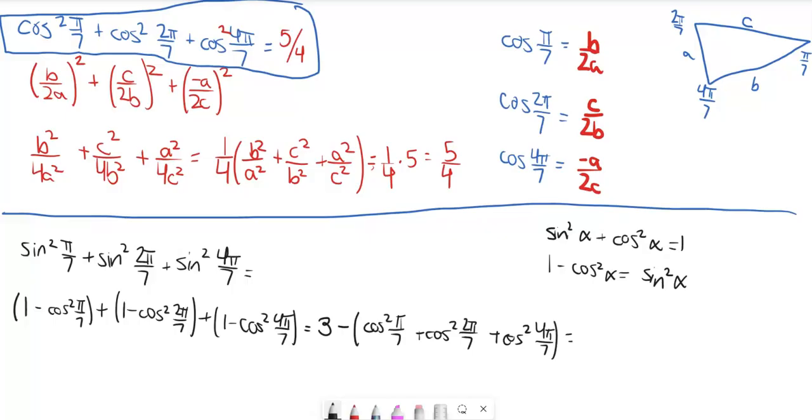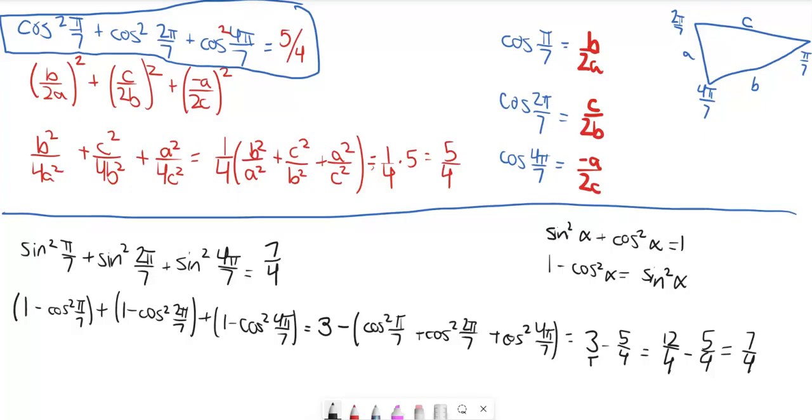And what we get is 3 minus 5 over 4, because 5 over 4 is what we got in the last problem. We can write this as 3 over 1. Well, I'm not going to show that, but 3 times 4 is 12, 5 times 1 is 5, so we'll get 12 over 4. Actually, I am going to show it. Minus 5 over 4. And that's going to get us 7 over 4.